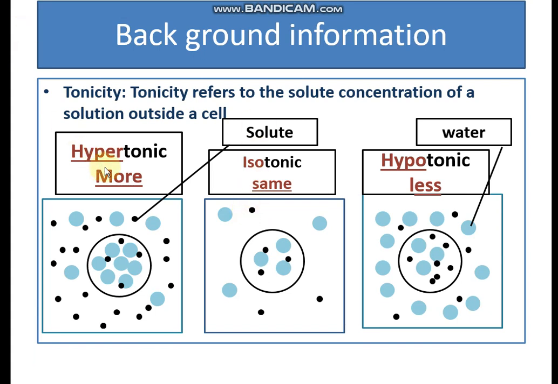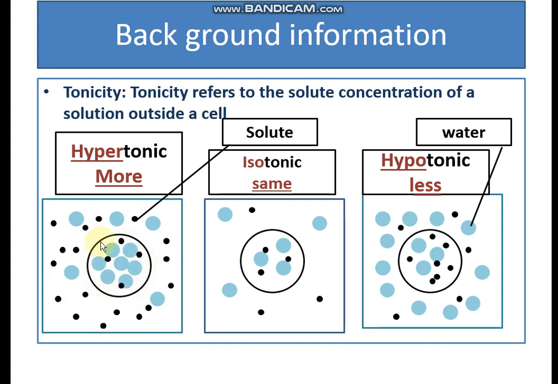See, this is a simple diagram through which I will explain the hypertonic, isotonic and hypotonic conditions. By hyper, it means more. Tonic refers to solute concentration. So here you can see that there is higher solute concentration outside the solution as compared to inside the cell.